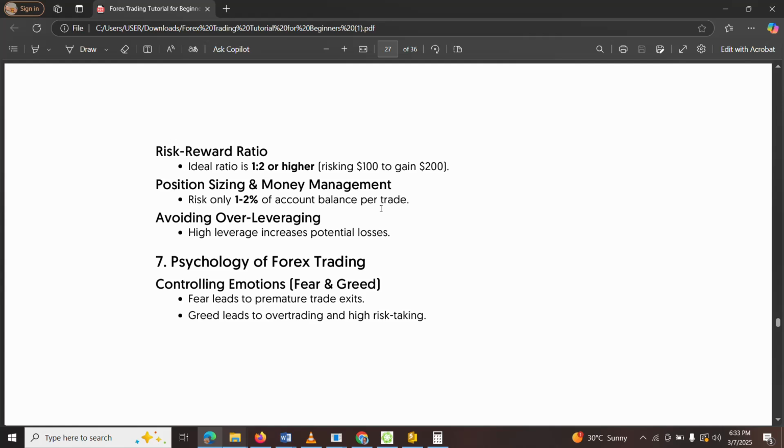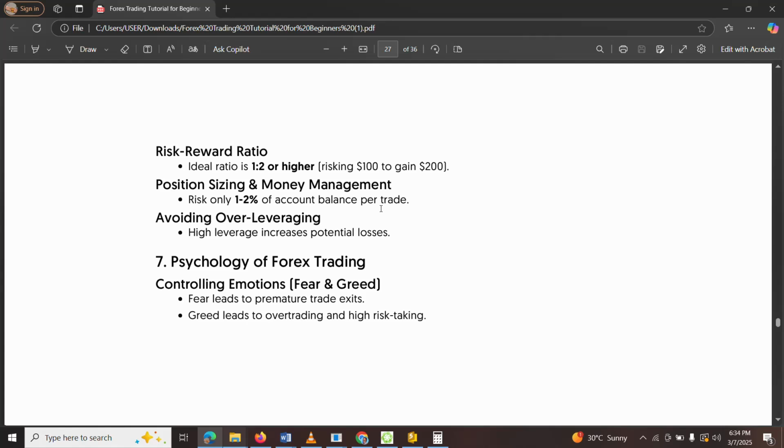So then we have psychology of forex trading. We have that, how do you control your emotions? How do you manage your fears? And maybe, are you able to trade without greed? So fear leads to premature trade exits. Greed leads to overtrading and high risk taking.